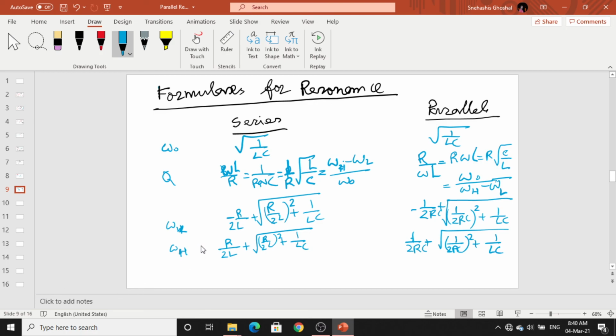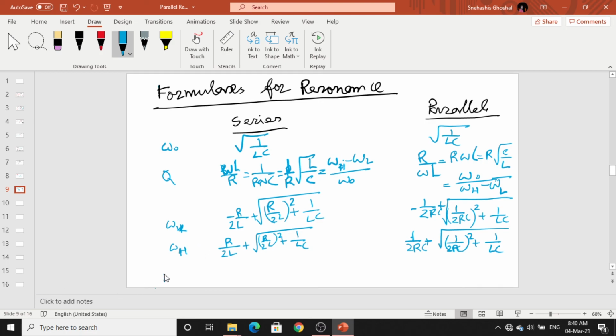And the last point is bandwidth, that is omega high minus omega low in every case.